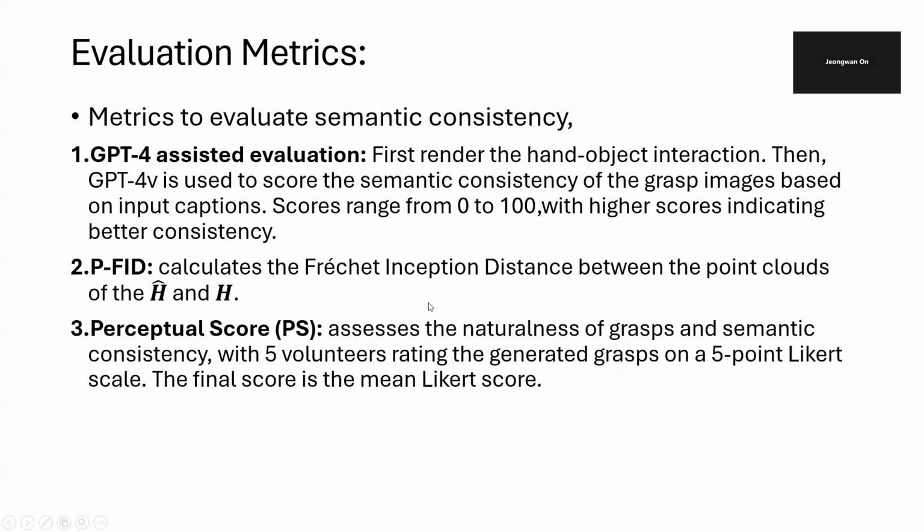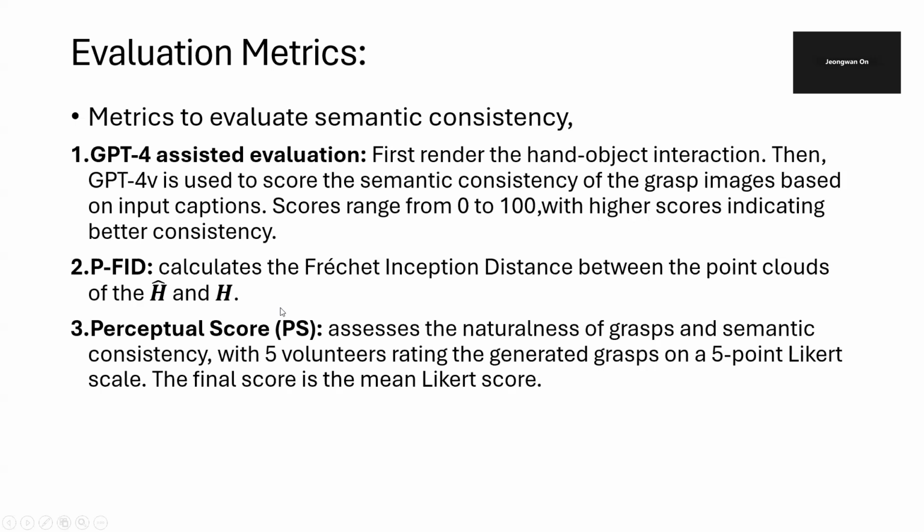And then metrics to evaluate semantic consistency. They use GPT-4 assisted evaluation, where the hand-object interaction is first rendered, then GPT-4V is used to score the semantic consistency of the grasp images based on input captions. Scores range from 0 to 100, with higher scores indicating better consistency.